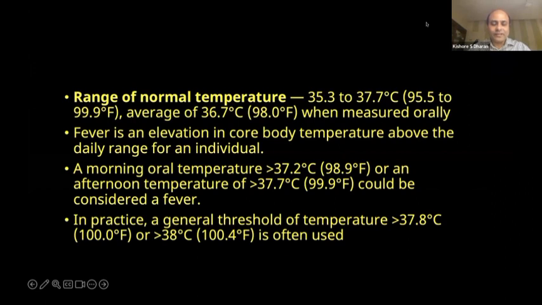Fever is defined as an elevation of core body temperature above the daily range for an individual. A morning oral temperature of more than 37.2, or an afternoon temperature, because there is a diurnal variation, of more than 37.7 could be considered a fever. In practice, any temperature more than 100.4 degrees Fahrenheit is often used to define fever.